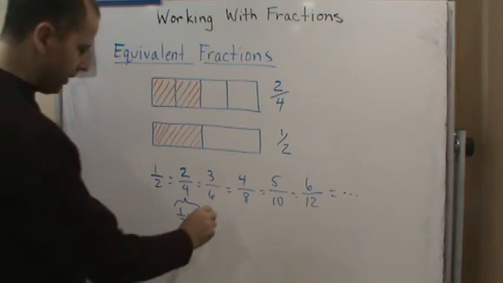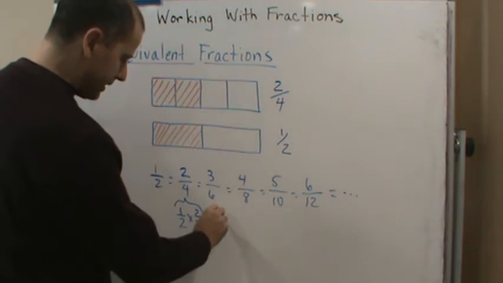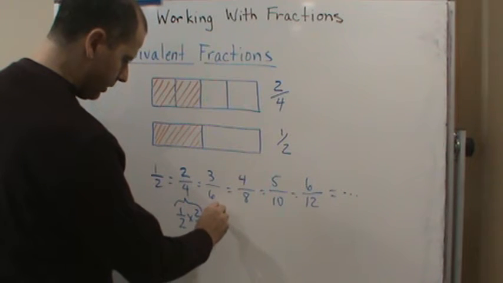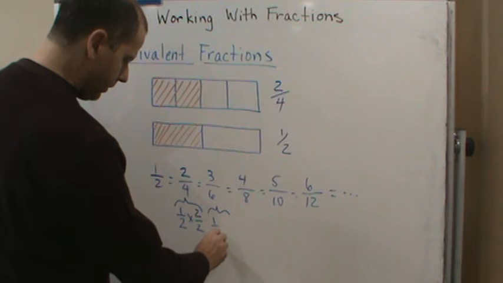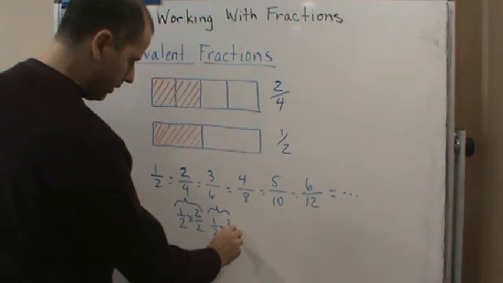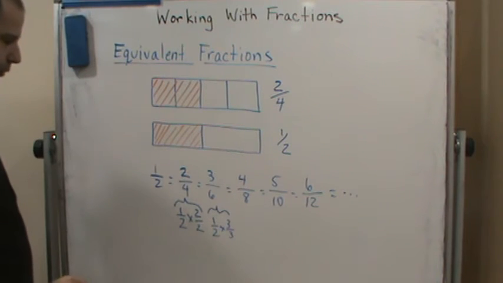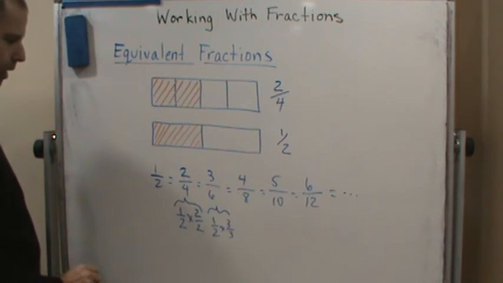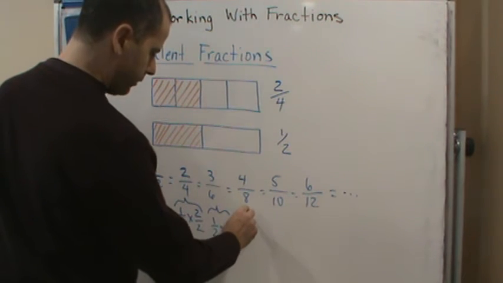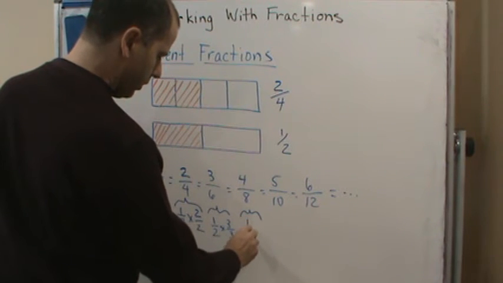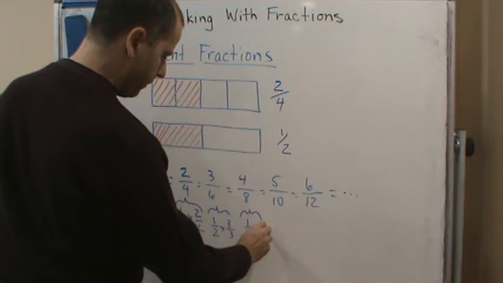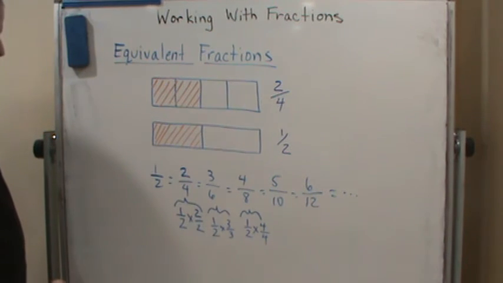So notice, 3/6 is what? That's 1/2 times 3 over 3. And what about 4/8? Well, that's just 1/2 times 4 over 4.